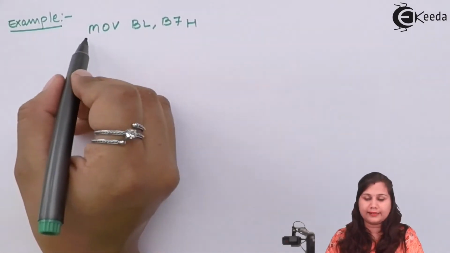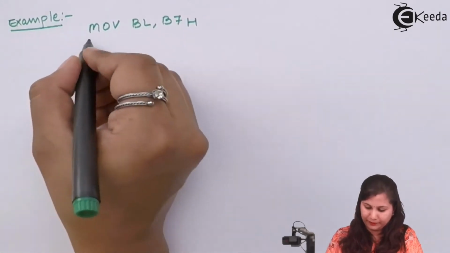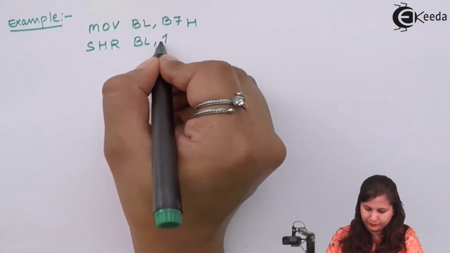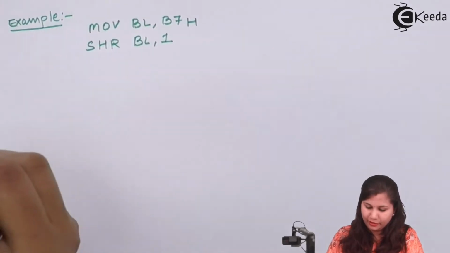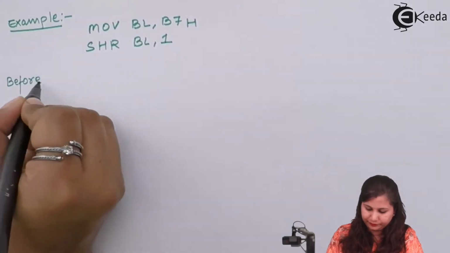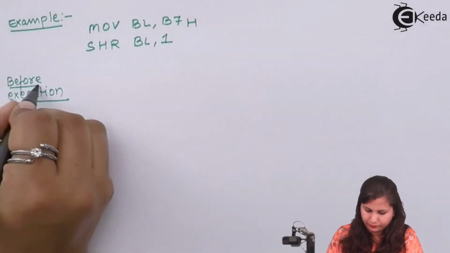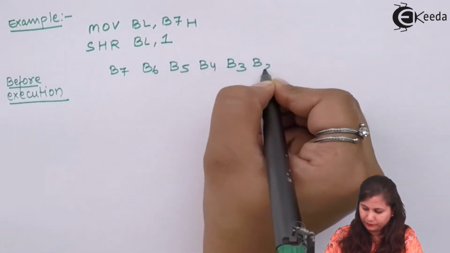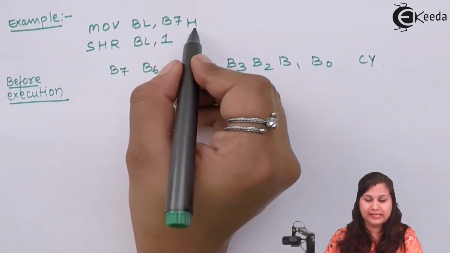Again, we are taking the BL register and it is having the data B7H. Now we are shifting the BL register to the right hand side. So before execution, we are having B7H here.